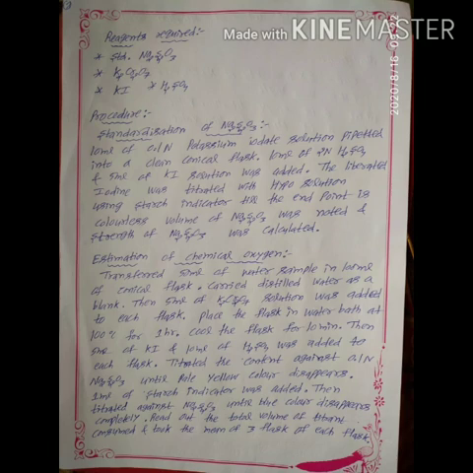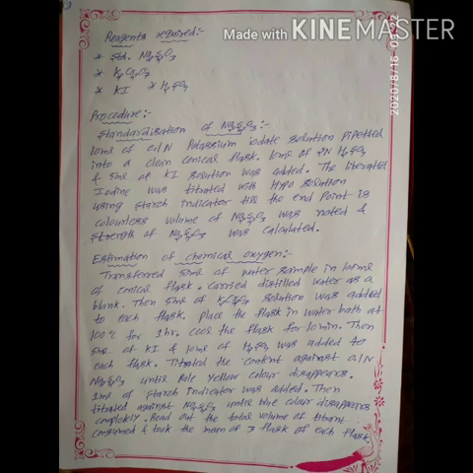Estimation of chemical oxygen demand. Transfer 50 ml of water sample into a 100 ml conical flask. Carry distilled water as a blank. Then 5 ml of potassium dichromate solution was added to each flask. Place the flasks in a water bath at 100 degrees Celsius for 1 hour. Cool the flasks for 10 minutes. Then 5 ml of potassium iodide and 10 ml of sulfuric acid were added to each flask.